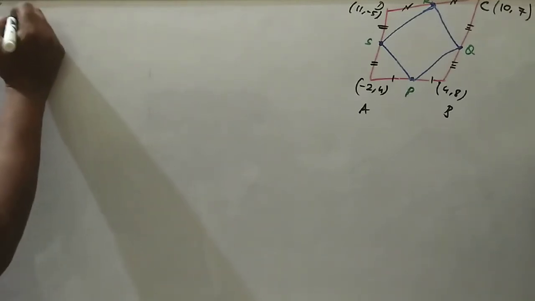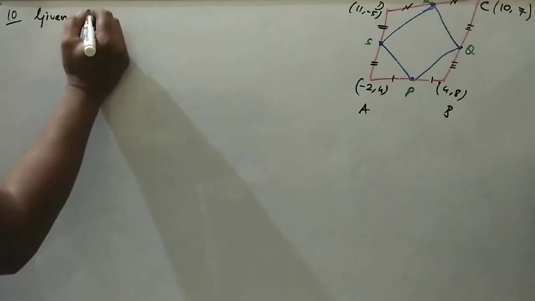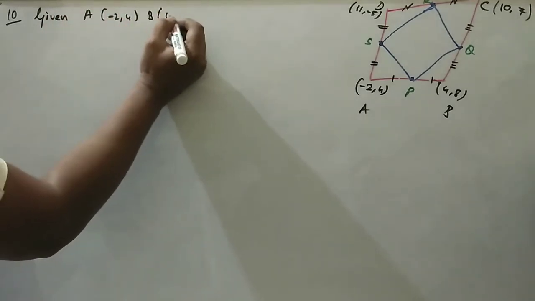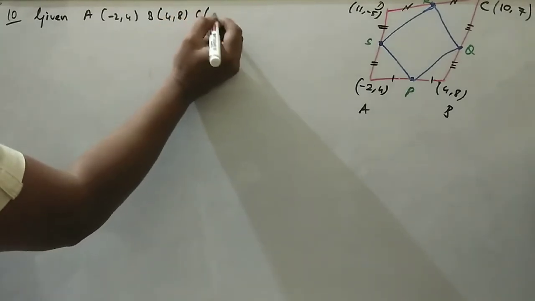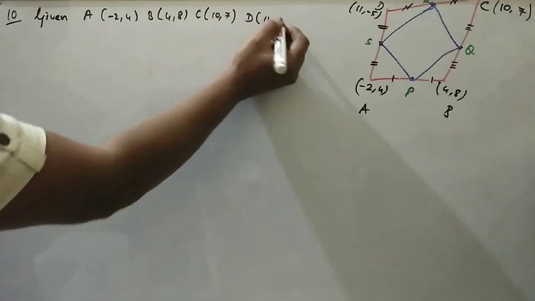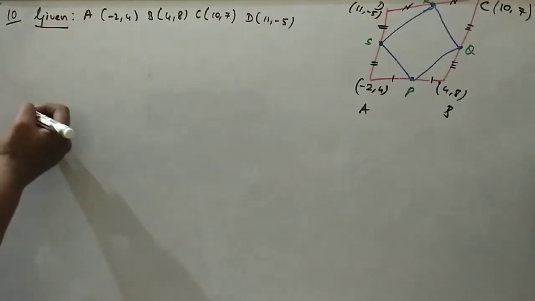Now, question 10. Given A(-2, 4), B(4, 8), C(10, 7) and D(11, -5). Okay, this is given.